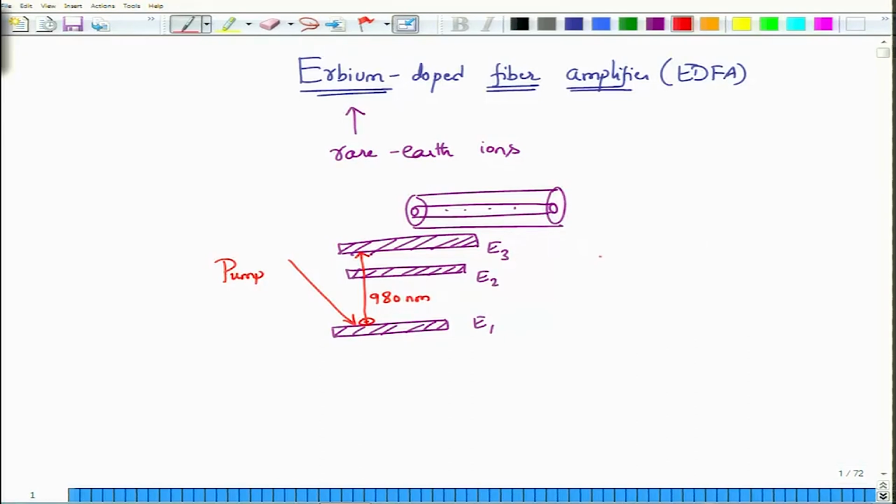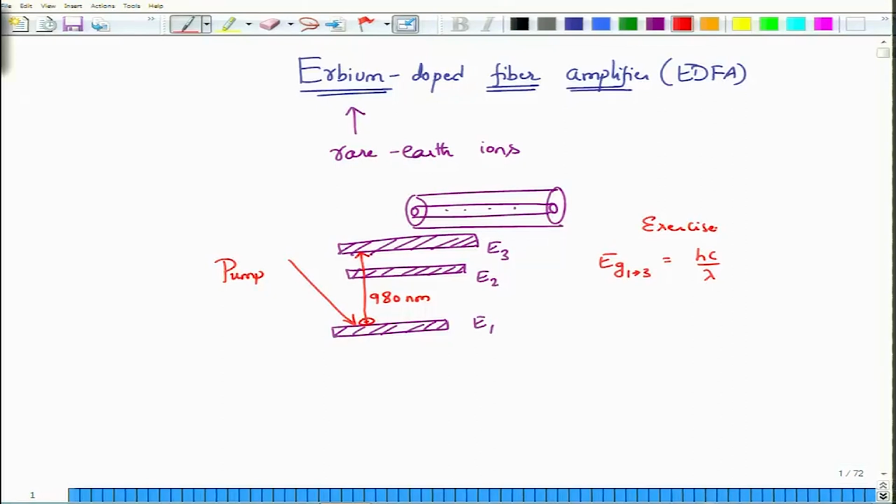You can calculate the energy gap between 1 and 3 by using this equation. Since I know h, I know c, and lambda is given as 980 nanometer, you can easily calculate the energy gap, and I will leave that as an exercise to you.